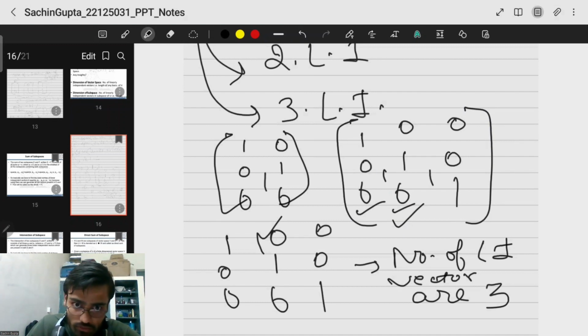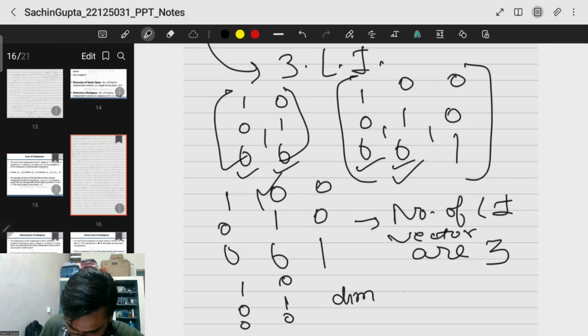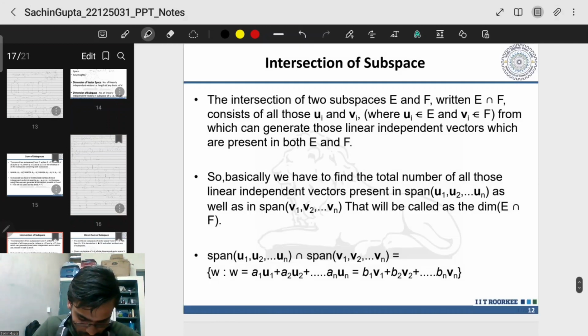We take those linearly independent vectors which are present in both. The vectors present in both are 1 0 0 and 0 1 0. So the dimension of E intersection F is equal to 2, that is, the number of linearly independent vectors present in both subspaces.